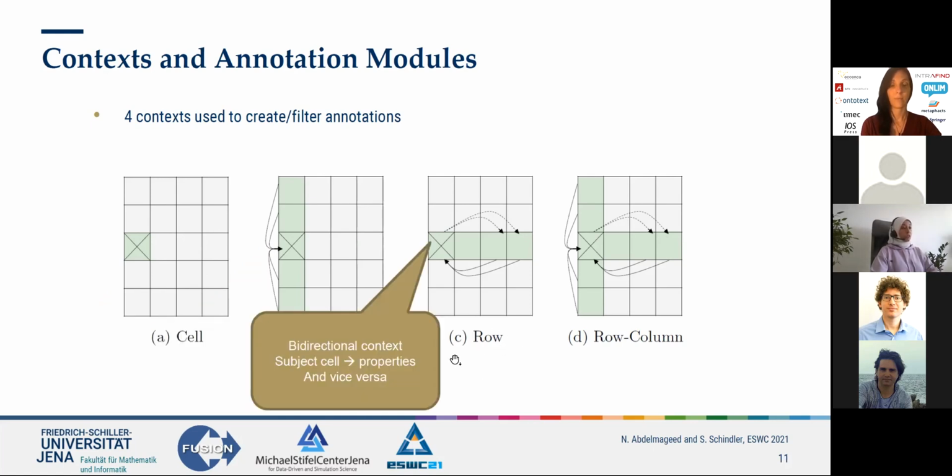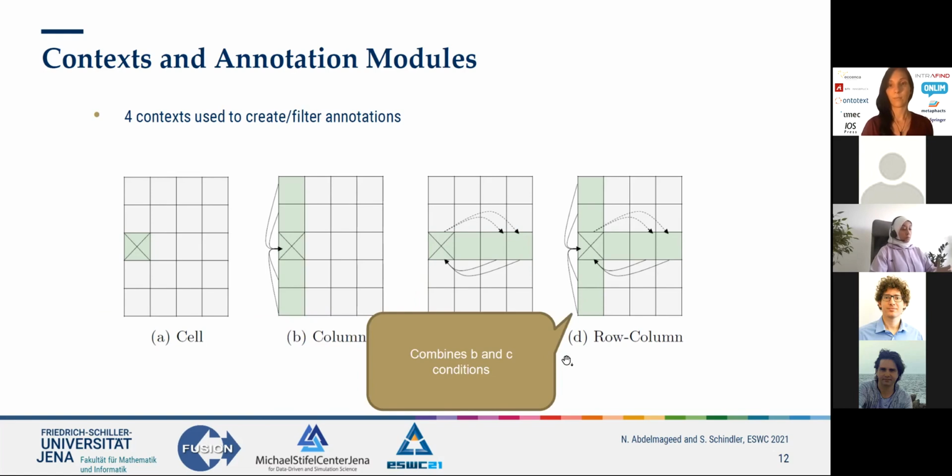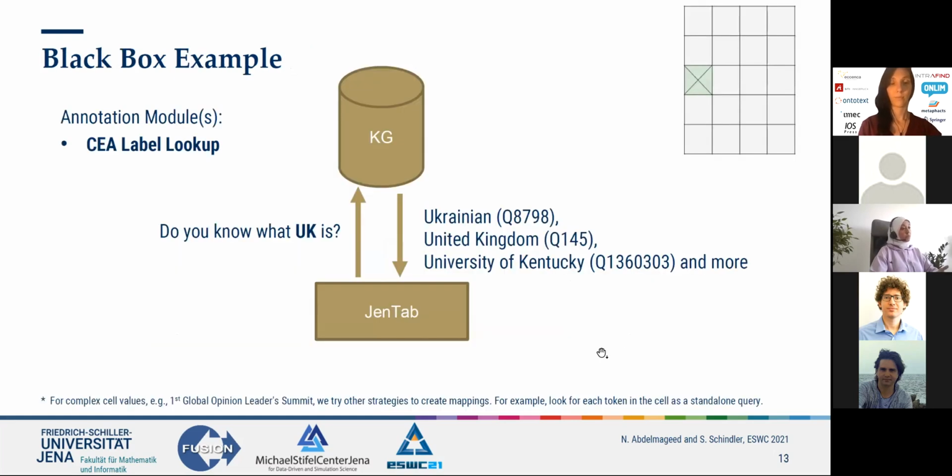And the row context is actually a bidirectional context. Given a subject cell, we try to infer the properties from that, and the other way around. Finally, the most accurate context is the row and column context at the same time. So basically, it combines both of them.